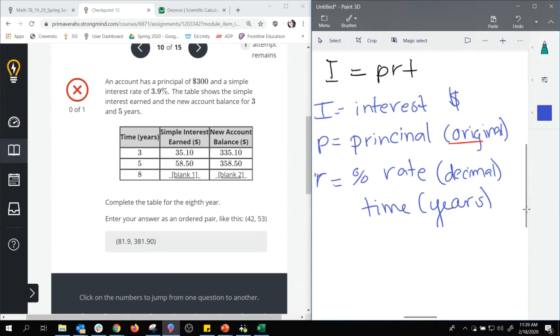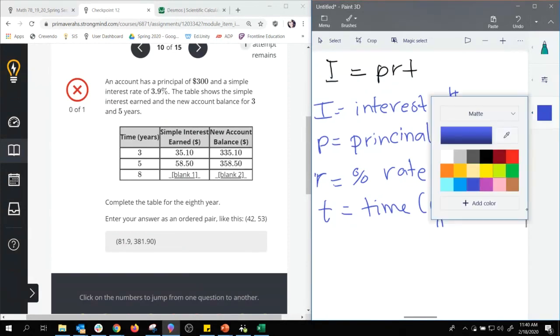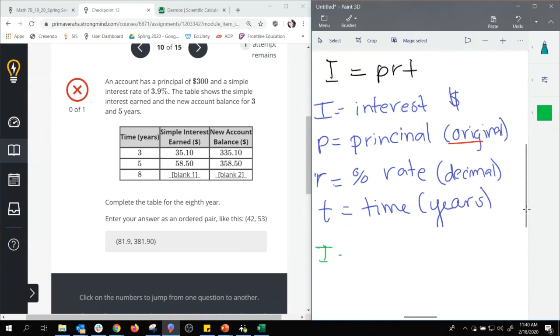All right, so this is our R and this is T. What is our principal, the original amount? 300, perfect. I'll do green. So we have P is equal to 300. What would be my rate as a decimal? 3.9 is my percent.